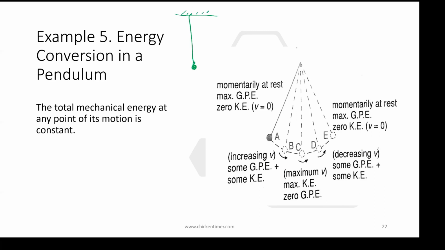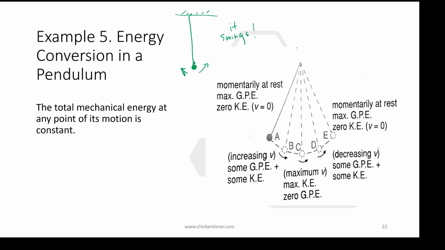Then it can swing left to right, right to left, and so on. So it swings. In this picture, it shows the movement and position of the pendulum.